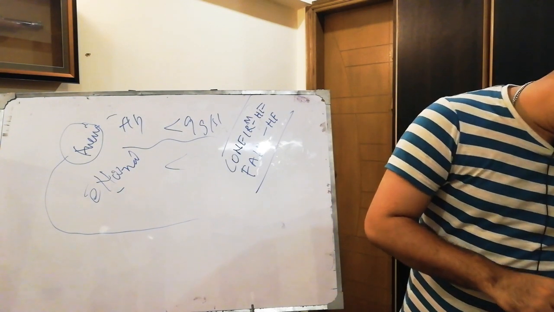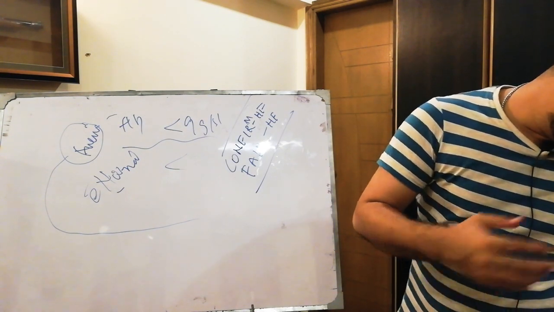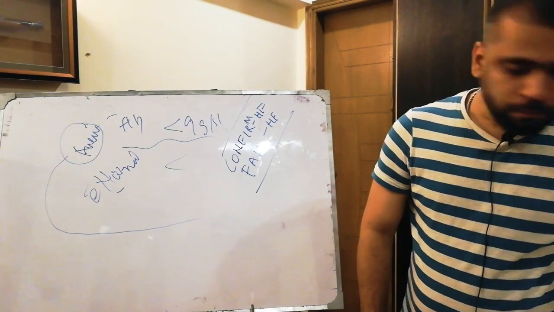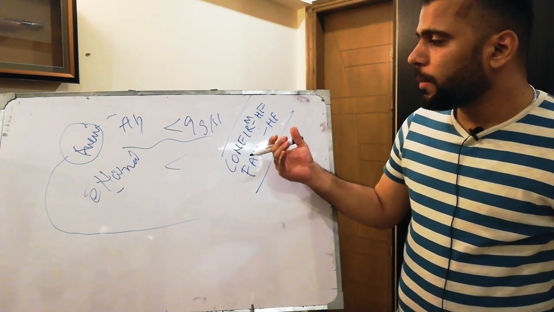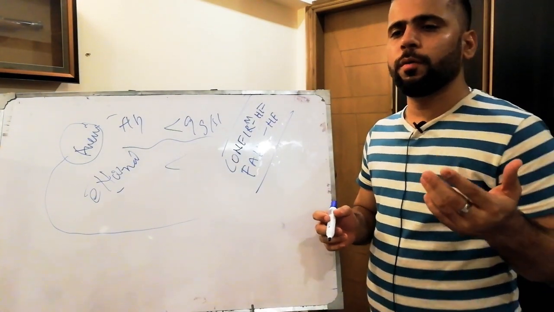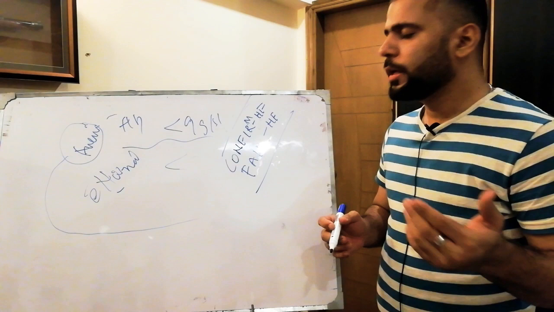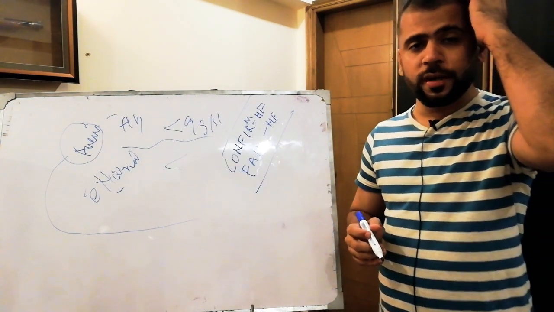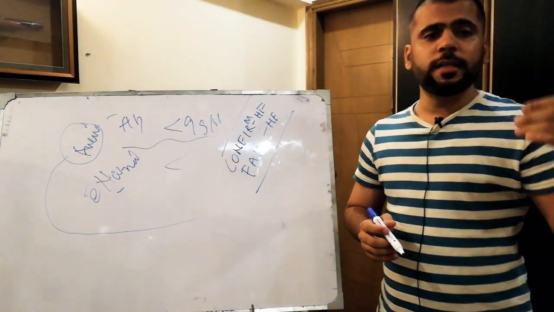Okay, so what else we have? Yes, our patient might develop dilated cardiomyopathy because of excess of iron, such as hemochromatosis. Okay, so we have 2 types of hemochromatosis. One is the primary and second is the secondary.